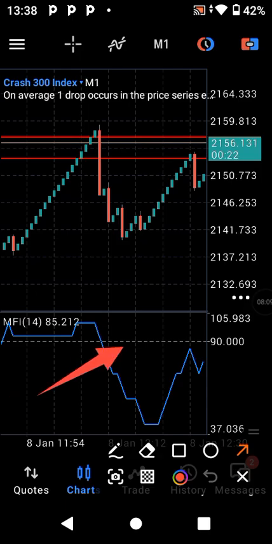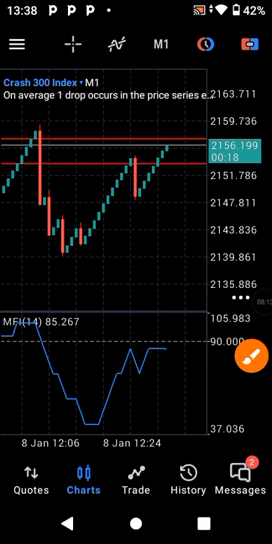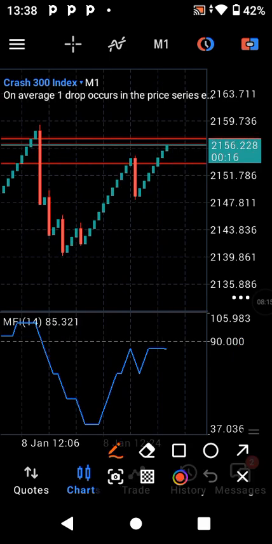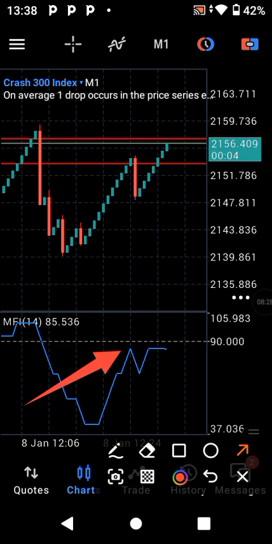Now this is my resistance line. When it gets to my resistance line, you can always see something like this happening here. You see this mark here is another clear indication that something is going to happen. This is the best position for you to take a trade.